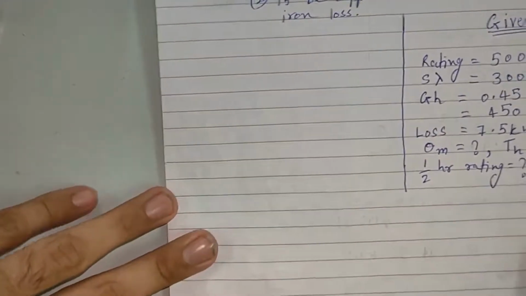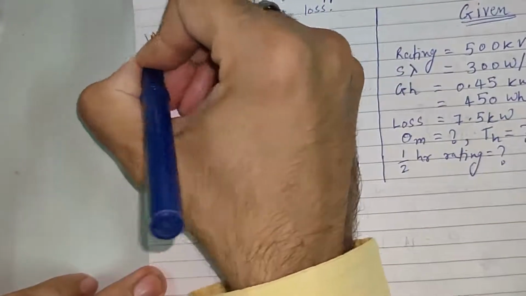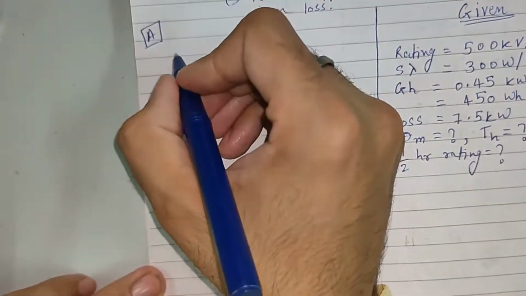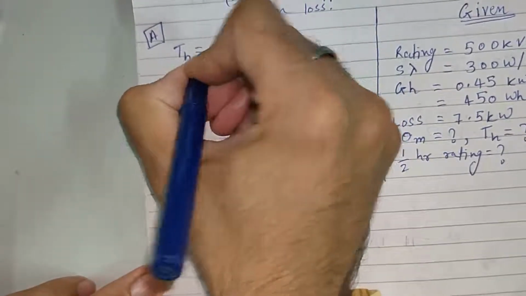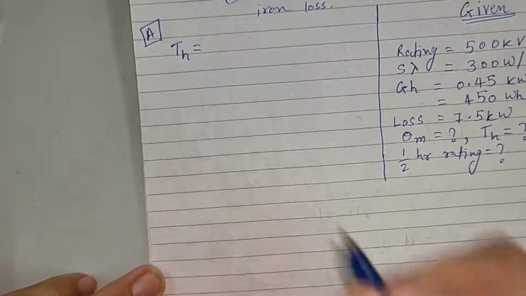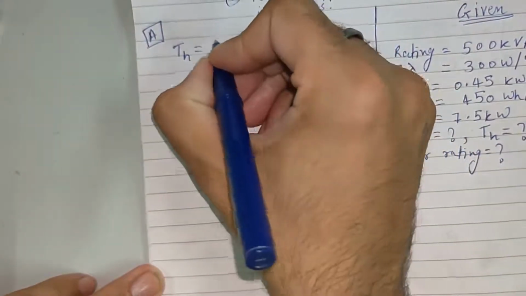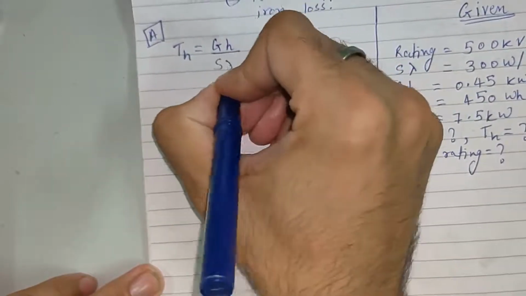So now moving to the solution of the question. From the given data we can easily find out the value of the heating time constant Th. We have already seen in the previous derivations that the value of Th can be obtained by the formula GH upon S lambda.